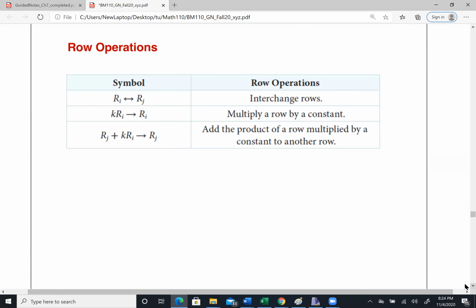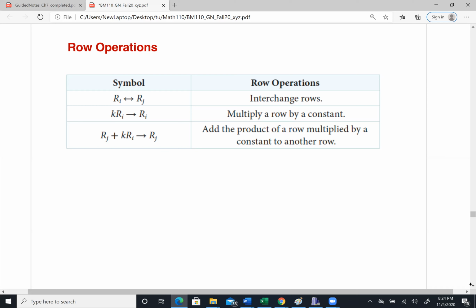Okay, so this is the row operations. We have the first column talking about the symbols. The second one is row operation. It's similar with section 7.4 for the equation, right? E sub 1 is 2, something like that. It's the same thing. So in here, instead of E we use R. R stands for row.